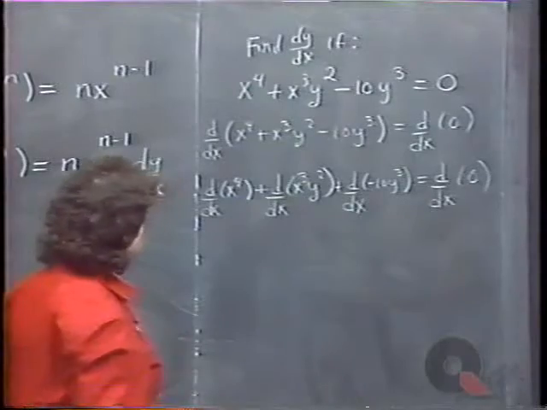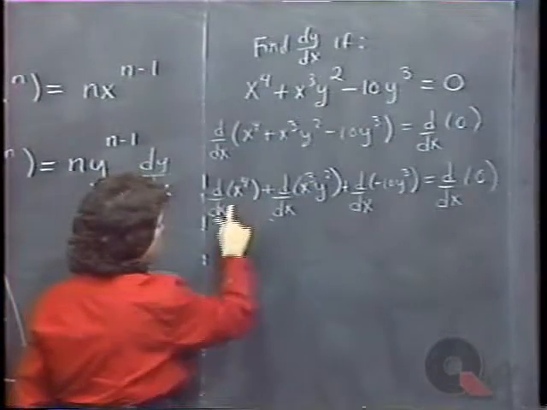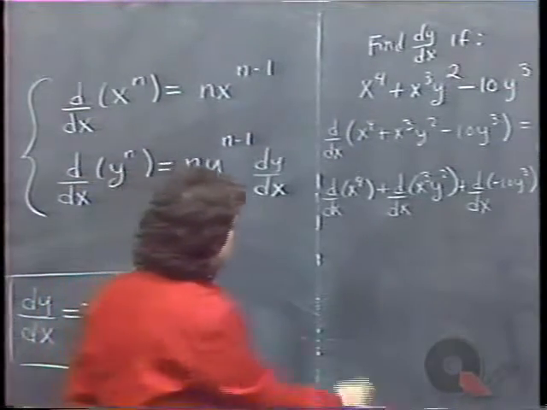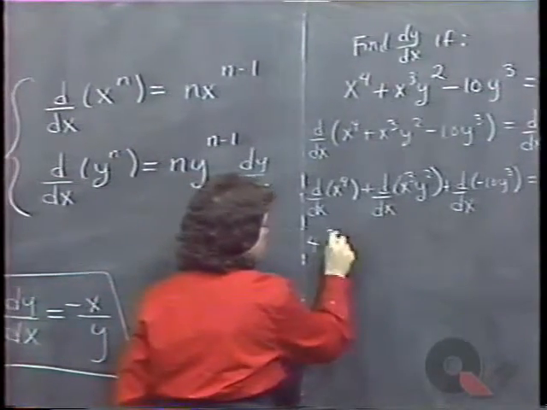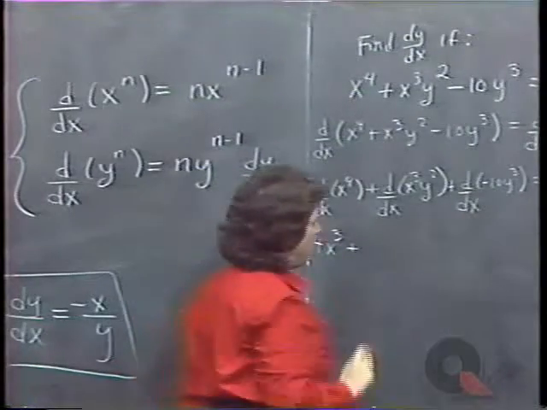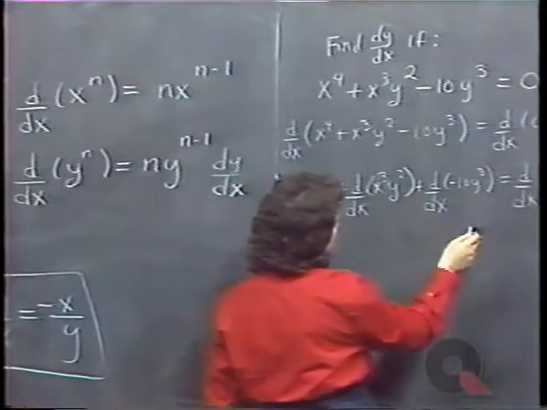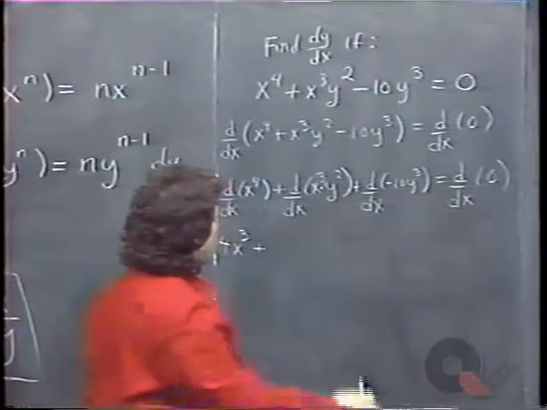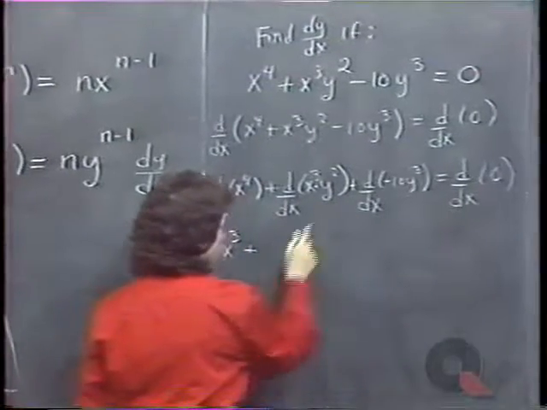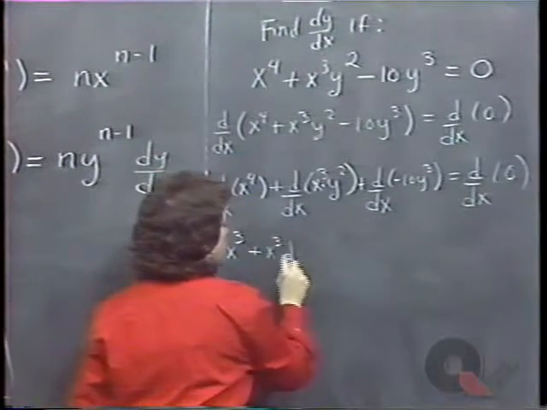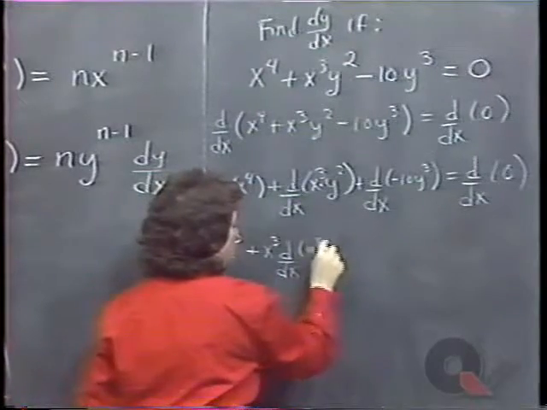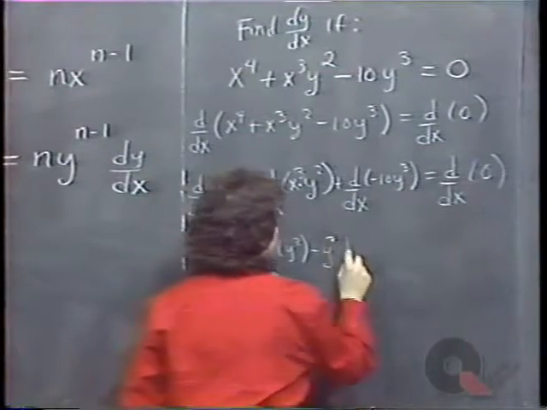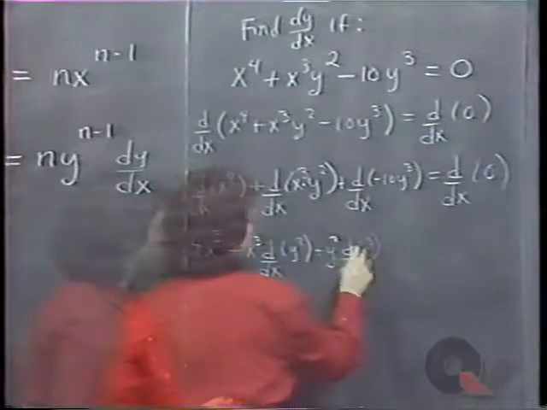Now, the derivative of x to the fourth with respect to x is, of course, 4x cubed. Plus, now here we have a problem. We have the derivative of x cubed times y squared. This has to be treated as a product. The derivative of a product is the first, x cubed, times the derivative of the second, y squared, with respect to x, plus the second, y squared, times the derivative of the first.